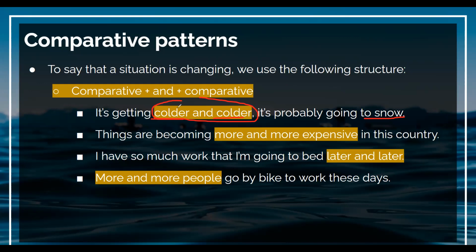Or if you have a long adjective or adverb, you have to say things are becoming more and more expensive in this country. So if it's a short adjective or adverb, you can just double the word. If it's a long adjective or adverb, you have to say "more" and then the word.